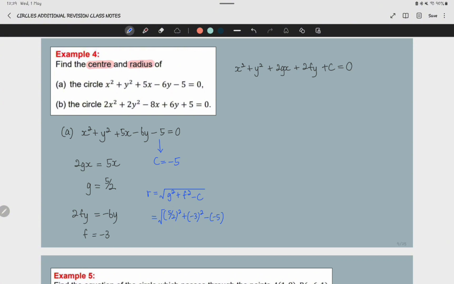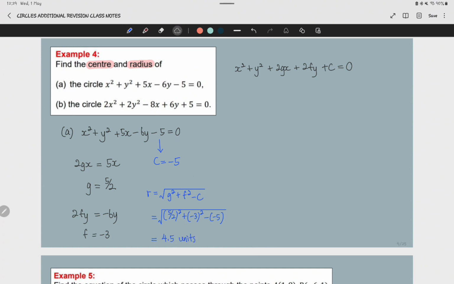Then don't forget to square root your answer. Eventually you will get the answer 4.5, or you can put 9 over 2, it's up to you. So here I would choose 4.5 units.